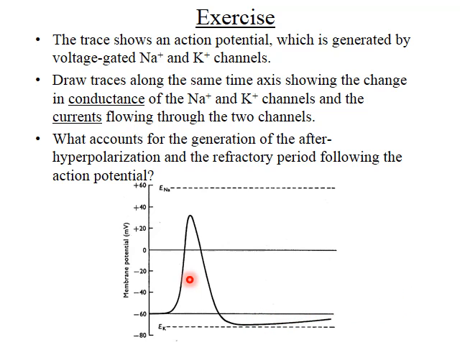So the exercise is the following. The trace shows an action potential which is generated by voltage-gated sodium and potassium channels. What you should do is to draw additional traces along this graph using the same time axis that shows the change in conductance of sodium channels and potassium channels, and also draw out the currents that are flowing through the two types of channels.